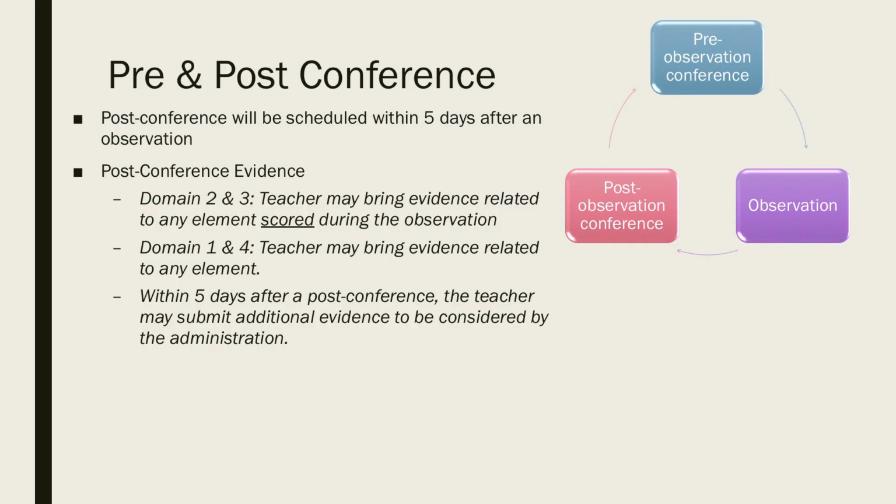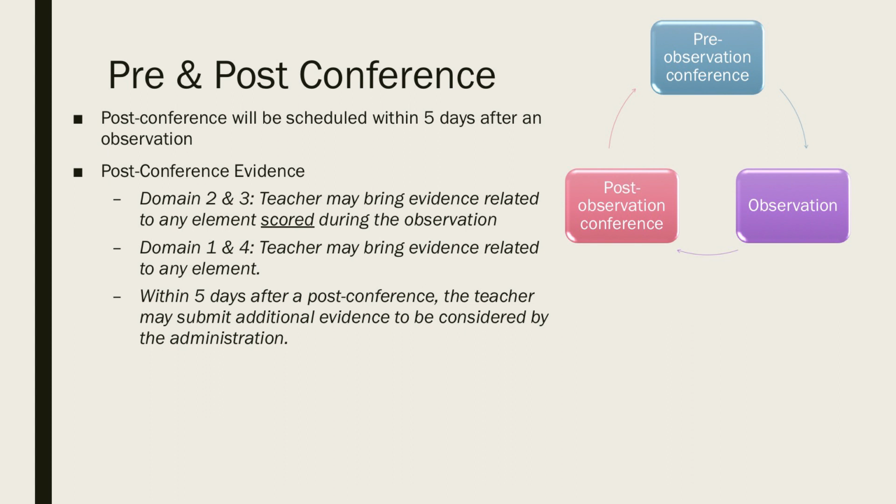The observation cycle for both formal and targeted observations includes the pre- and post-conference. A post-conference will be scheduled within 5 days after an observation. When preparing for a post-conference, you may choose to bring evidence for any element that was scored in Domain 2, Conditions for Learning, and Domain 3, Standards-Based Instruction, during the observation.